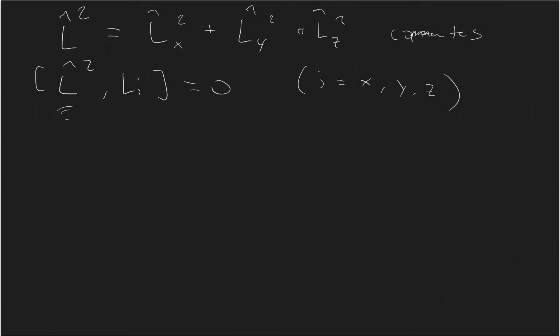That means the magnitude of the angular momentum vector, represented by L hat squared, and one of its components, let's say L_z, with the hat because it's an operator, can be simultaneously measured.